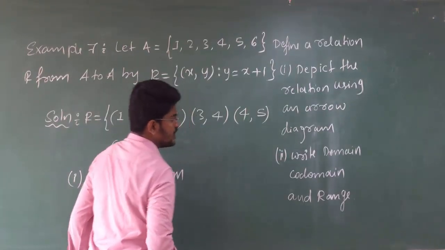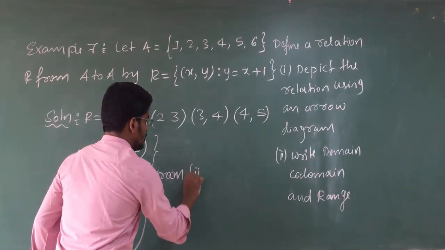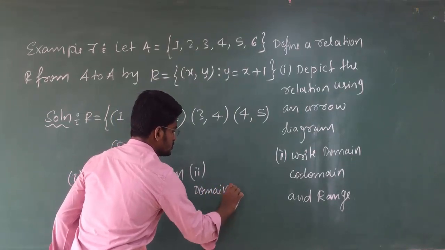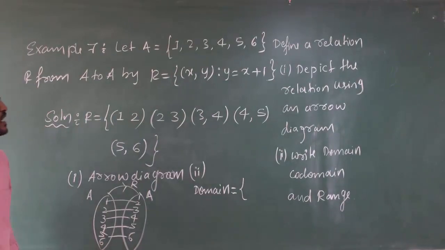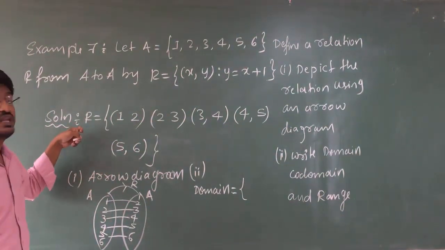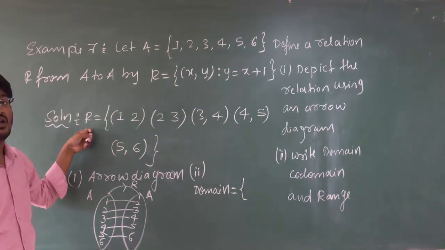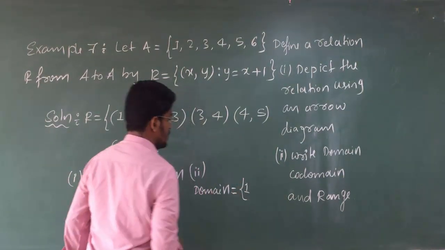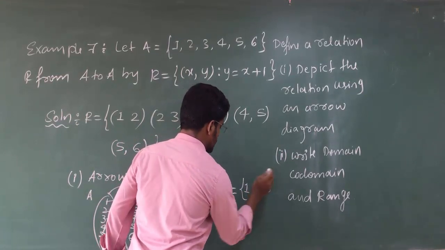Let us go for the second one, domain. Domain equals the set of the collection of first elements of your relation R. The collection of first elements of your relation R will be the domain.